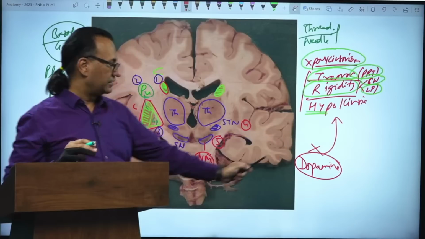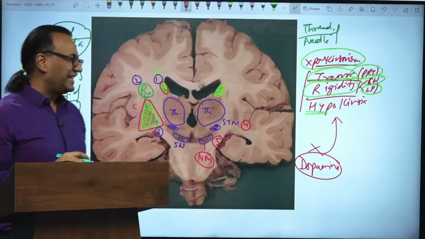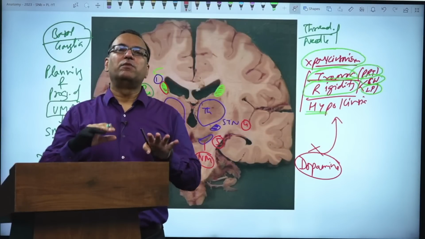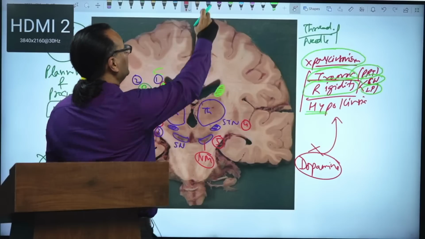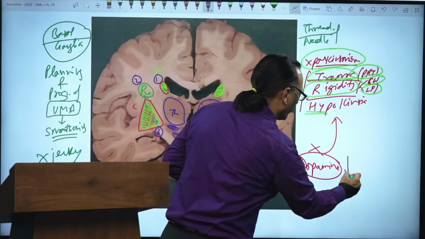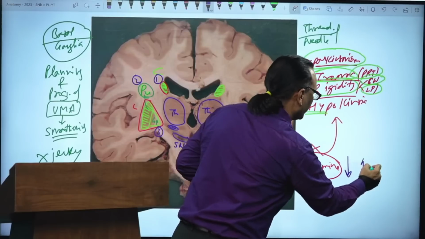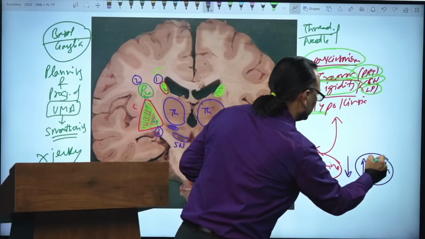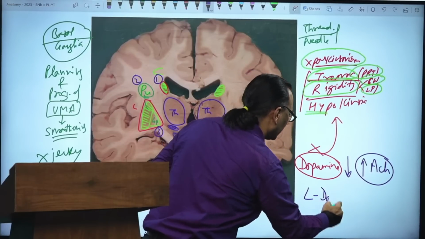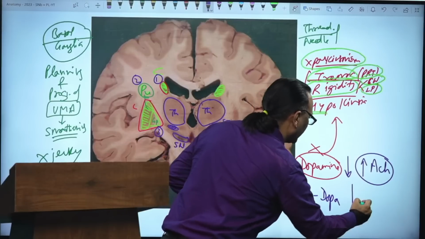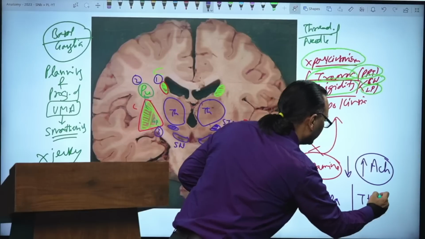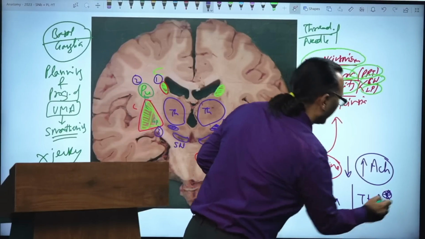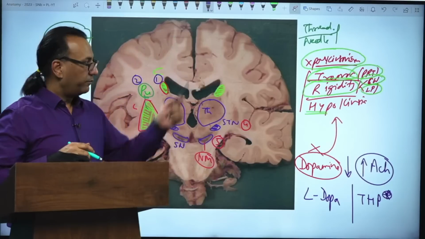This is the basics. Actually, less dopamine means more acetylcholine in the central nervous system. If you have lesser dopamine, it means more acetylcholine. That is why for treatment you have to give L-Dopa and also an anticholinergic like trihexyphenidyl, which is a centrally acting anticholinergic for Parkinsonism.